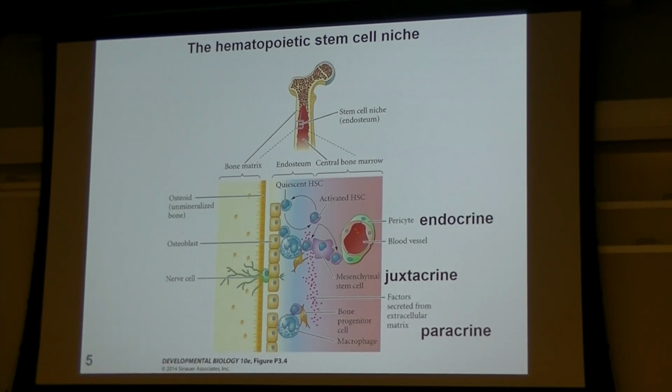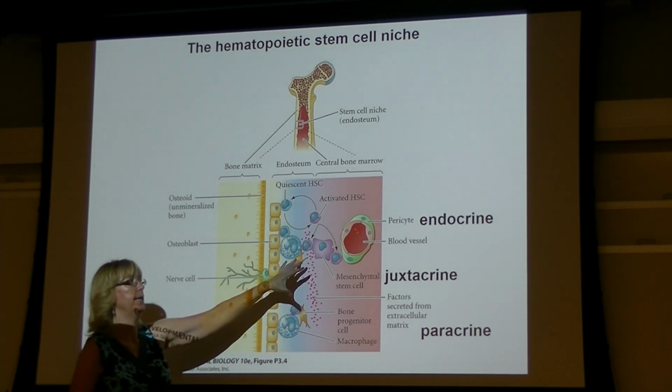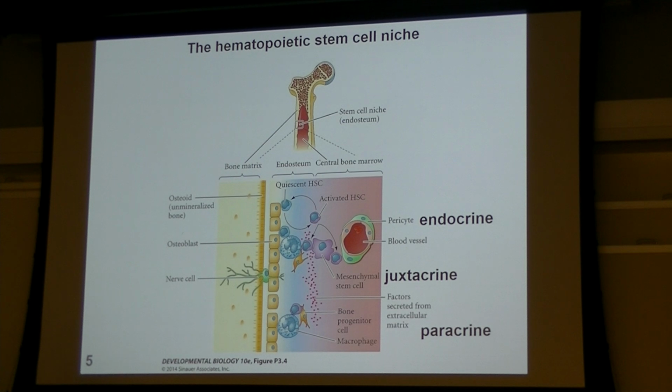Okay, so this may be one of our better studied examples of a stem cell niche within the bone marrow, and we know the identity of some of these cues that can activate that hematopoietic stem cell.